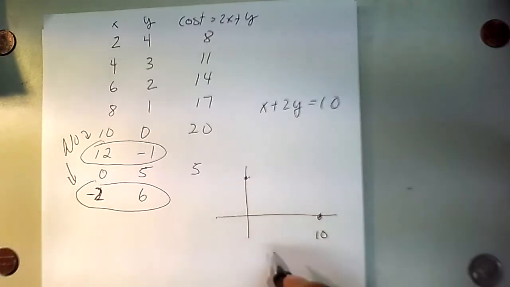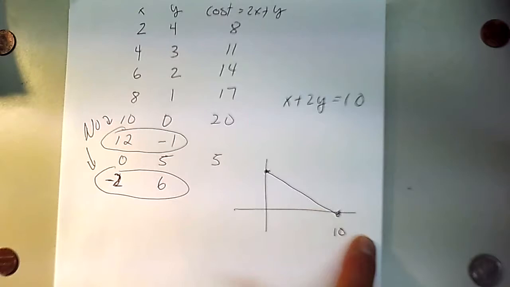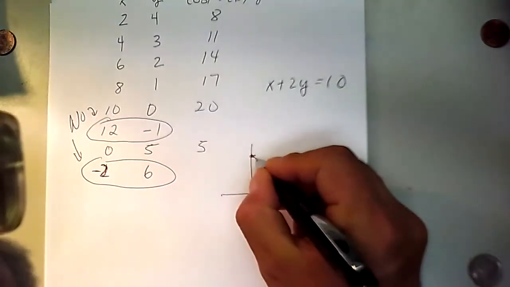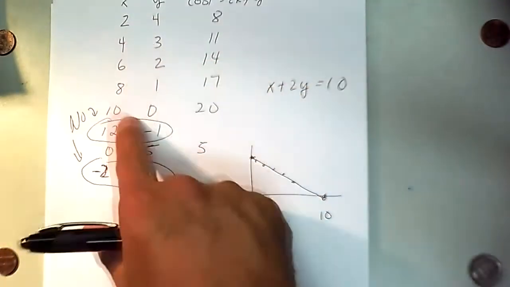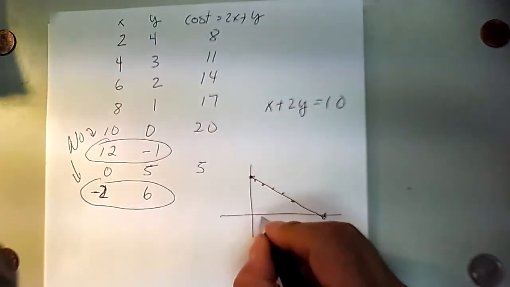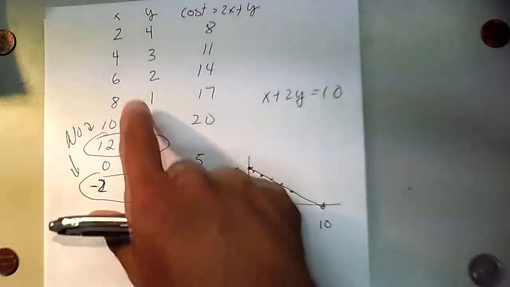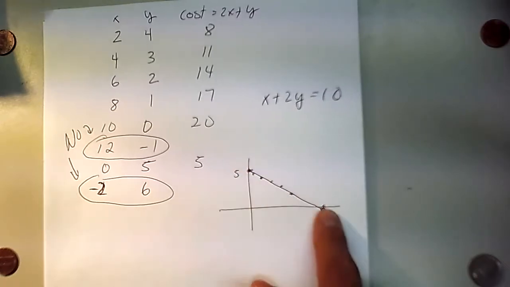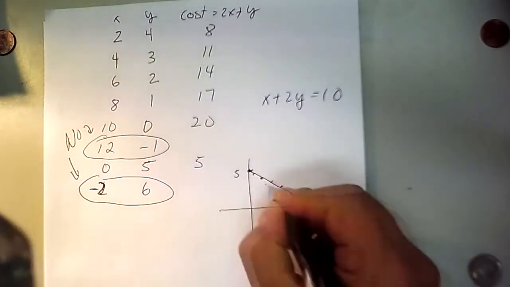So about there. So we have this straight line, and we don't go beyond that because we don't want negative solutions. And there is an infinite number of points. Those are only a few of them, like 2, 4. 2, 4 is here. This is 5, by the way. And then 4, 3, it's somewhere in here. 4, go 4 to the right, 3 up, and there you are. They're on the line. So there's a whole bunch of solutions which are going to be on this line.